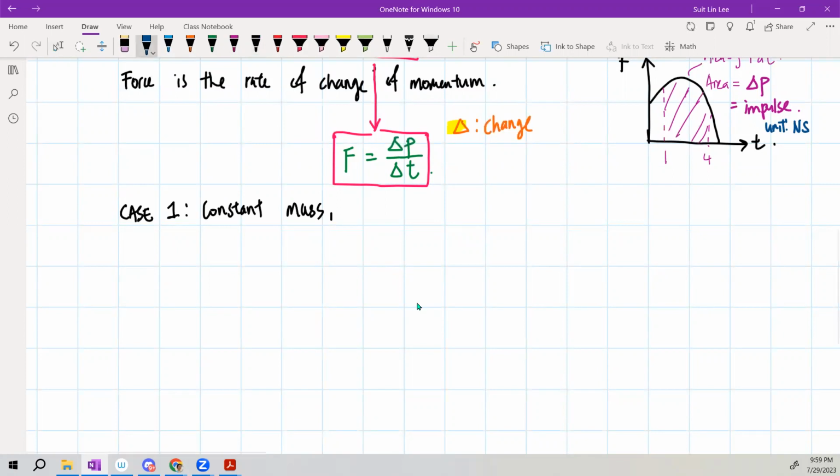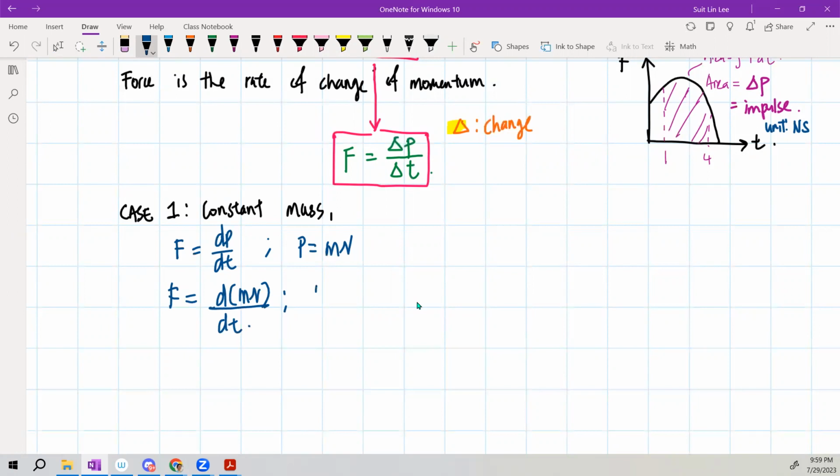So I'm going to unpack this equation a bit. F is equal to change in momentum over change in time. But momentum is equal to, you know what, I'll use dp dt. But momentum is equal to mv. So in place of p, I will put mv divided by t. Okay.